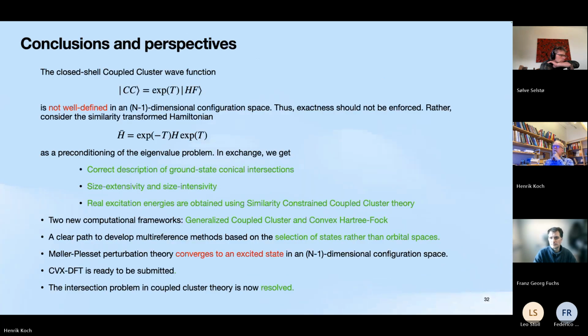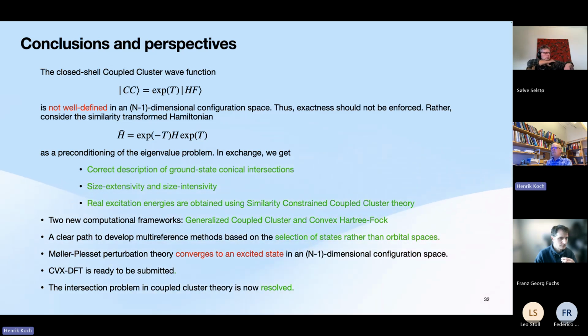Now, let me conclude. Because of these cases where the Hartree-Fock reference function completely disappears in the wave function that we try to approximate, we cannot consider coupled cluster theory well defined for all configuration spaces. And this means, in my view, that we should not really require it to be exact, but we should just require that it is a preconditioning of the eigenvalue problem.